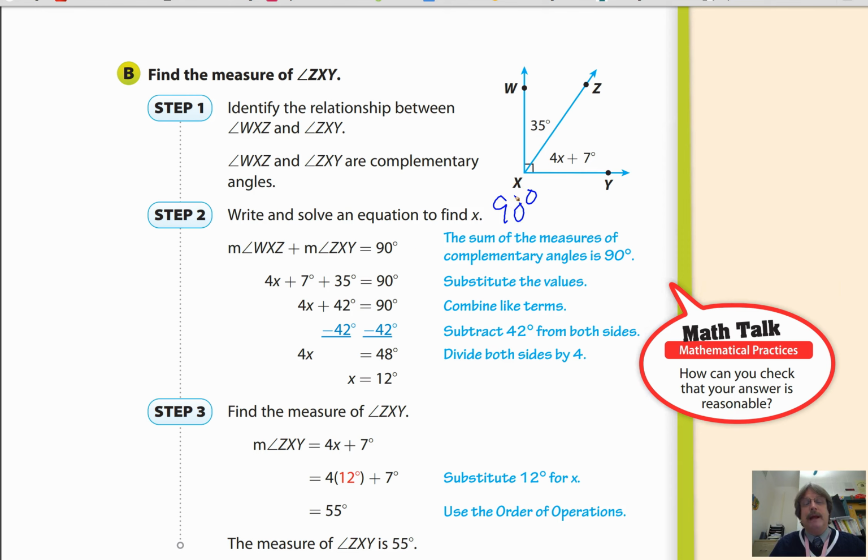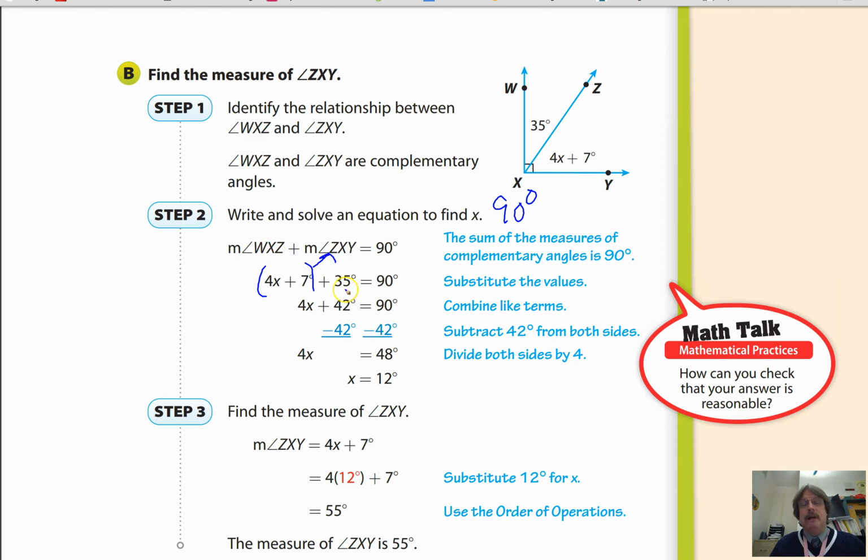So when you write up your equation, you're going to have the measurement of angle WXZ plus the measurement of angle ZXY equals 90. And they actually have this backwards, because this is this one, and then the 35 is this one here. But it doesn't matter.